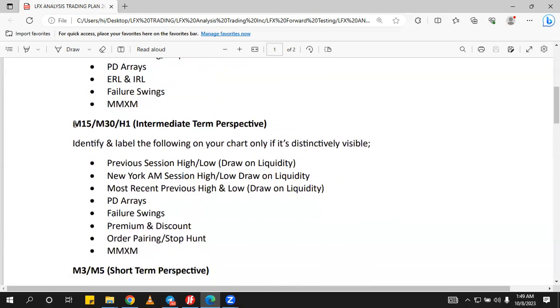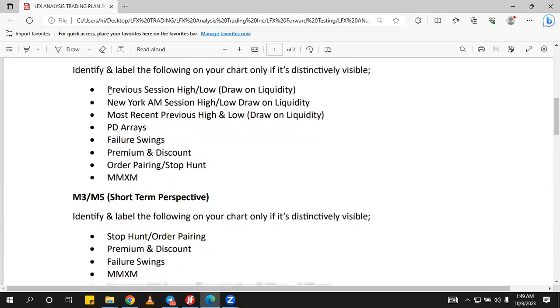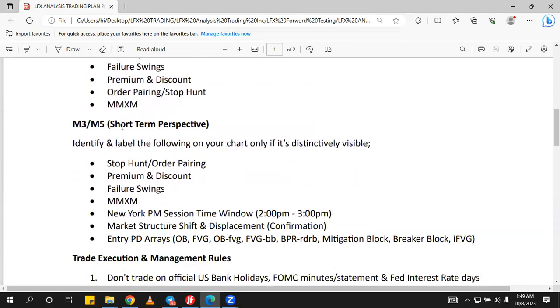Then we jump to M15. If M15 is not clear, then I usually look out for M30 and H1. And that is where I'm able to get my intermediate time perspective. And these are the items that I look out for with precision. And then finally, the M3 time frame.